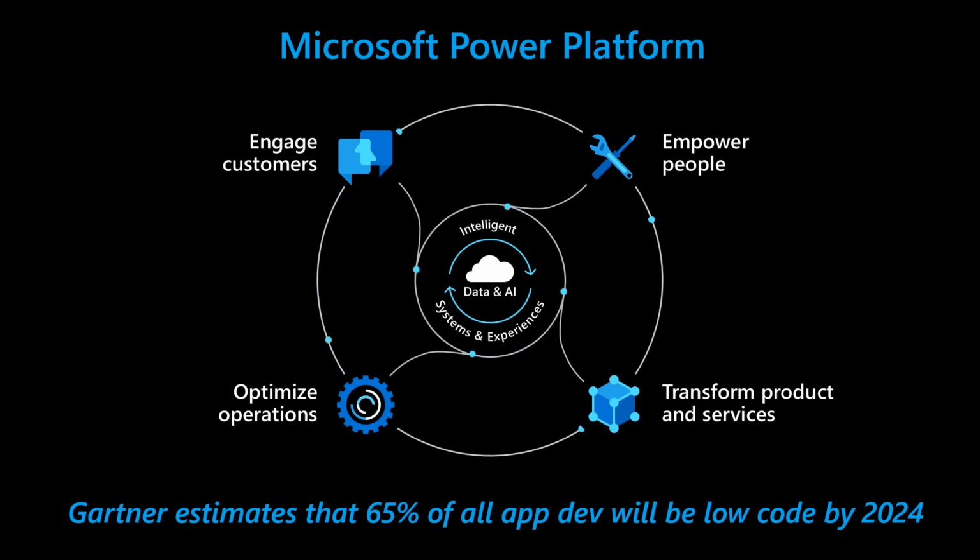That is really an introduction to where the Power Platform fits in. So although these are the 4 pillars that Microsoft's been using for quite a while with its overall business application suite, it is definitely applicable to the Microsoft Power Platform. And you'll see down there, again, another analyst quote whereby Gartner estimates that 65% of all application development will be low code by 2024.